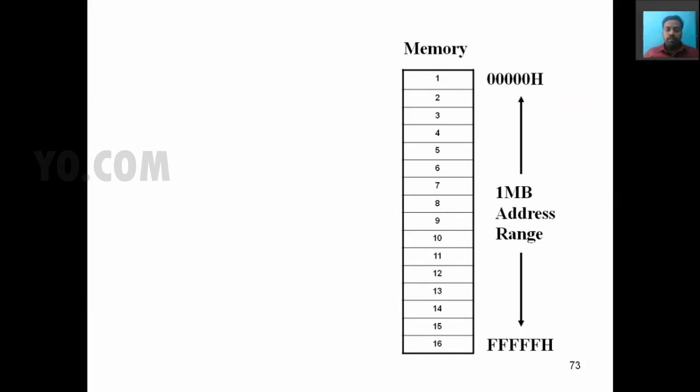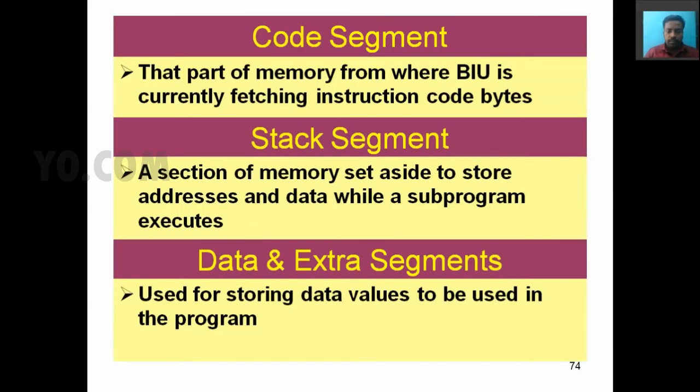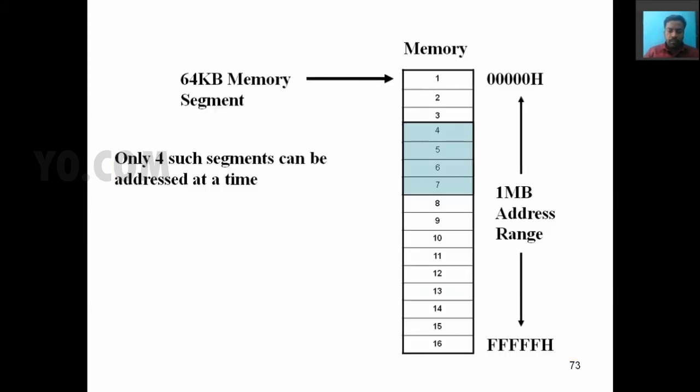The total length is 1 megabyte. The first one is the first segment of 64 KB. Only four such segments can be addressed at a time. So this is another segment, and this is the memory structure.